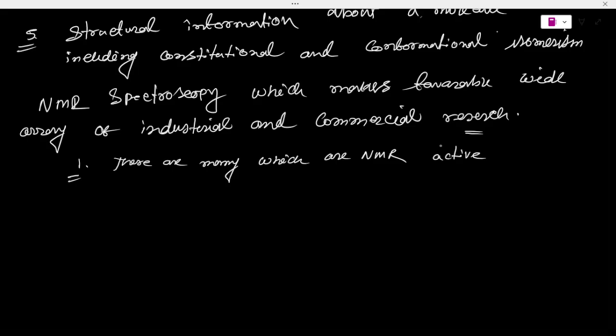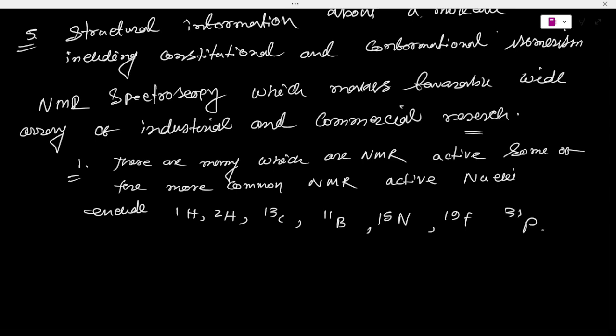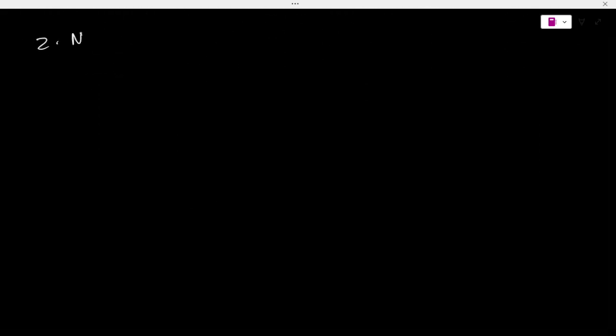Some of the more common NMR active nuclei include 1H, 2H, 13C, 11B, 15N, 19F, 31P and 195Pt.